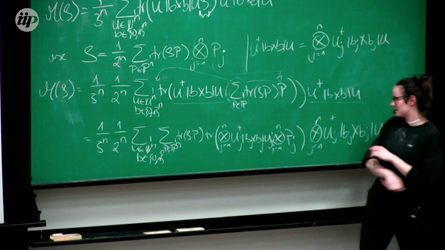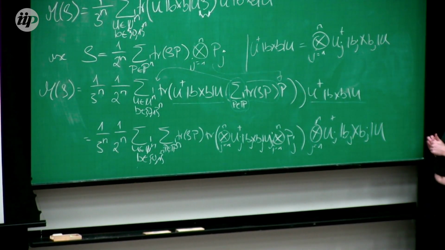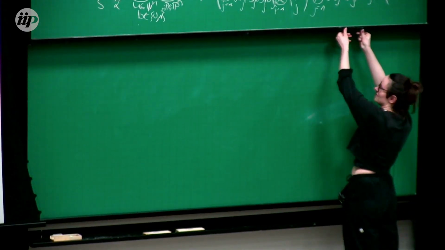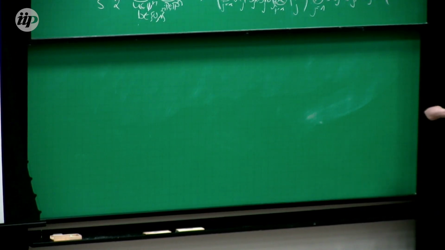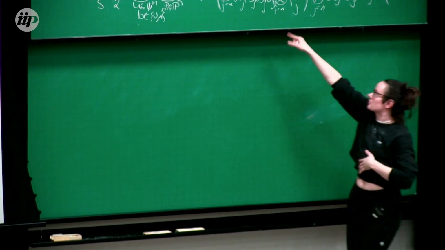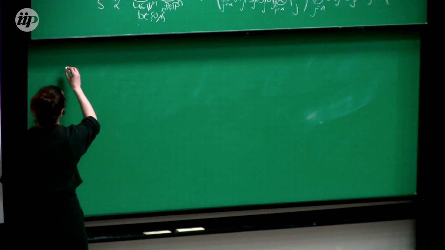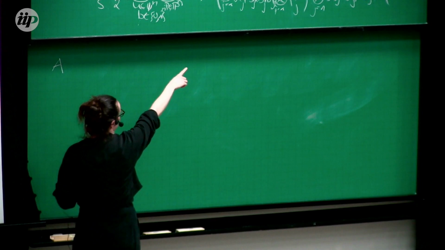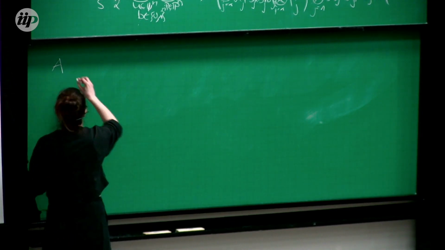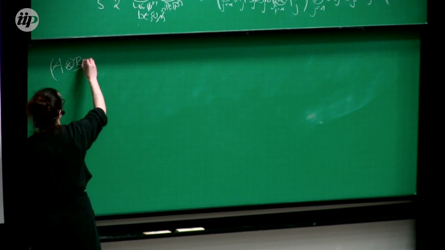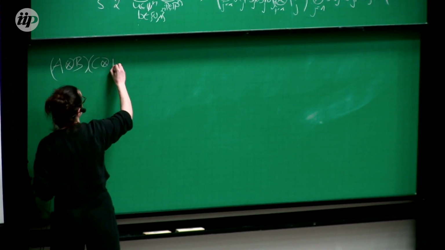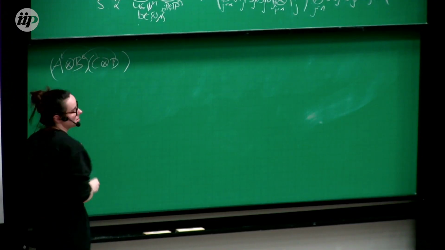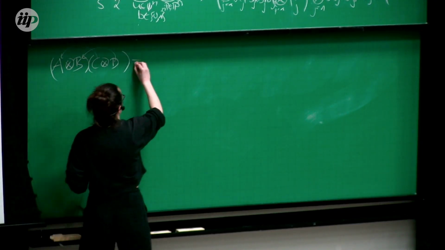P_j's, U_j's, b_j's, everything. And we will now use some properties of our tensor product. So if I have A tensor B times C tensor D, this means that I can just calculate the products in the respective tensor space.